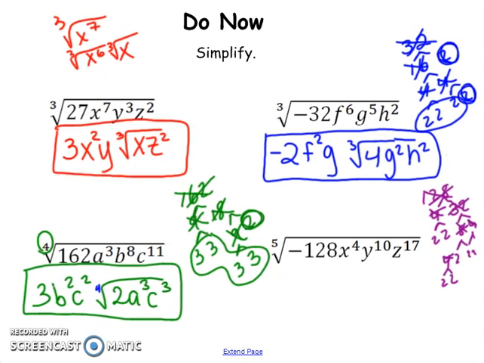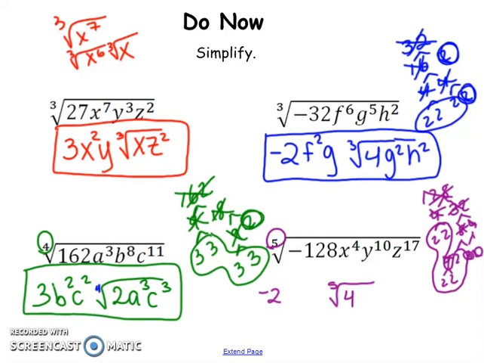So I'm going to look for groups of 5 now. So 1, 2, 3, 1, 2, 3, 4, 5. So I have 5 2s. So I'm going to take out a negative 2. On the inside, I'm left with this 2 and this 2. So I have a 4 on the inside.